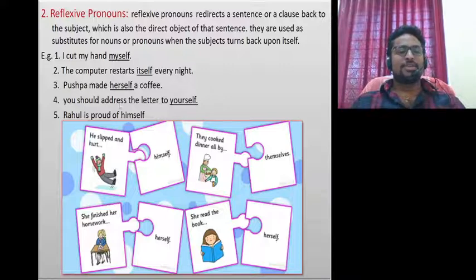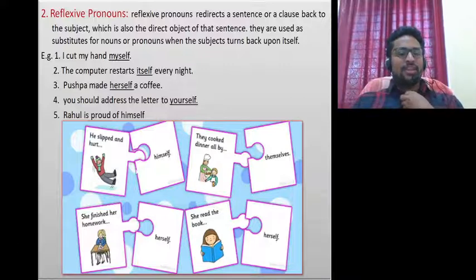You should address the letter to yourself. The letter has to be addressed to yourself. Raul is proud of himself. That action is reflecting back onto the subject. That's why we call them a reflexive pronoun.